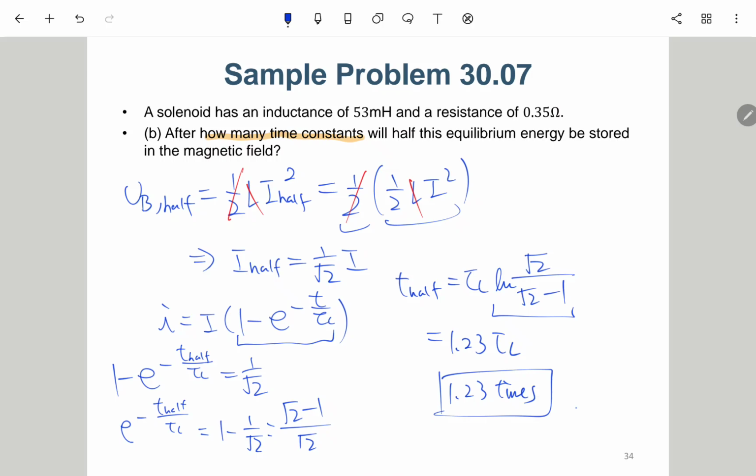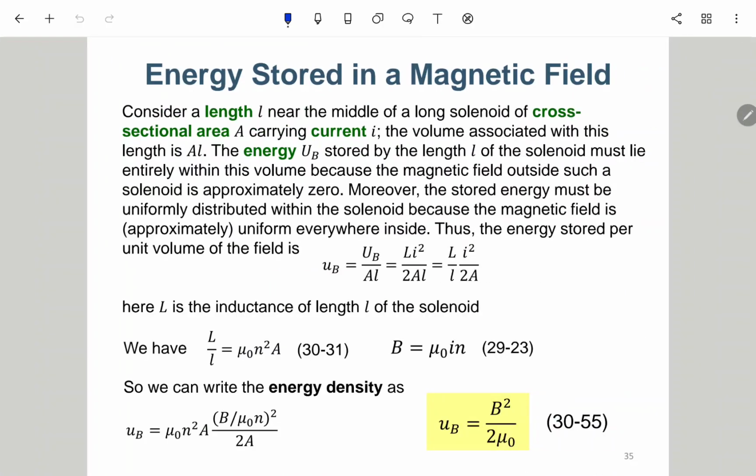Okay, so here we also would like to mention the energy stored in the B field. But here we would like to consider the energy density. Actually we also have it for the energy stored in the E field, the energy density in the E field.